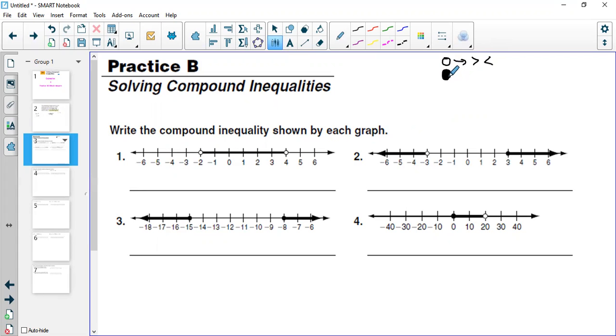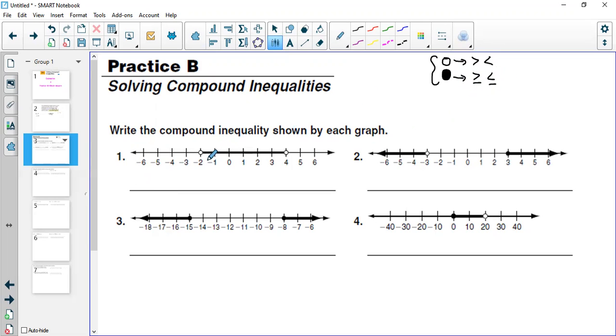The one which is shaded, the closed circle, shows the signs greater than or equal to, less than or equal to. You need to keep these two in mind. If the circle is open, it says greater or lesser. And if it is shaded, it says greater or equal, lesser or equal.